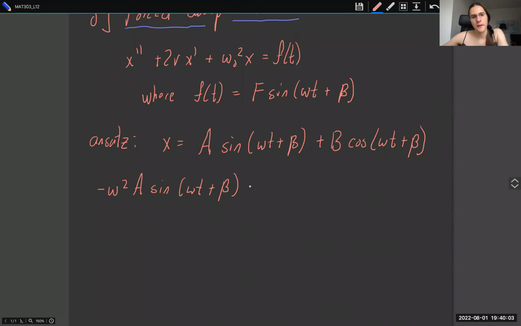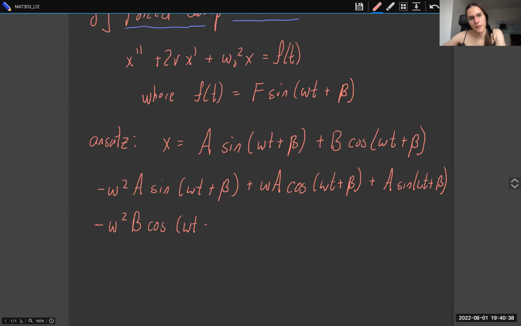Then the derivative of sine is cosine, so plus omega a cosine of omega t plus beta, plus a sine of omega t plus beta. And then if I do these cosine terms, I'm going to get minus omega squared b cosine of omega t plus beta. Then when I differentiate once, cosine is negative sine.